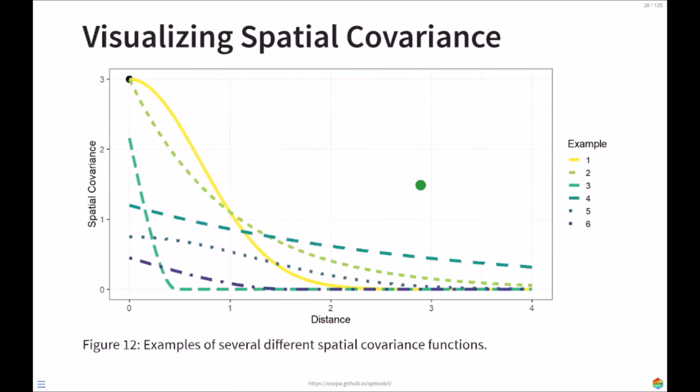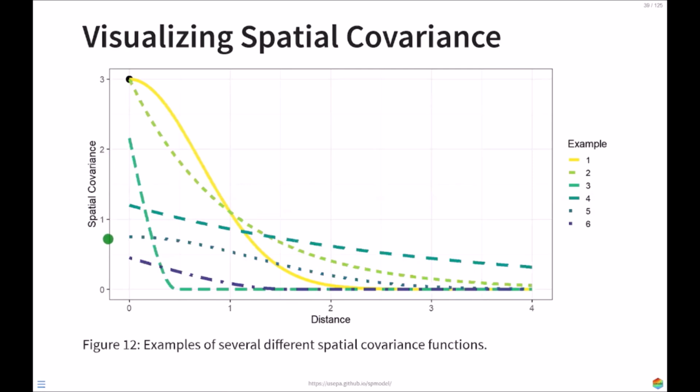So the important takeaway of the spatial covariance functions is that they all have different shapes governed by their functional form and their parameter values to describe spatial covariance as a function of distance. So these are just different parameter and functional form combinations. We see that all of them decrease in their spatial covariance on the y-axis as the x-axis distance increases. So this means as things get farther apart from one another, they have less spatial covariance.